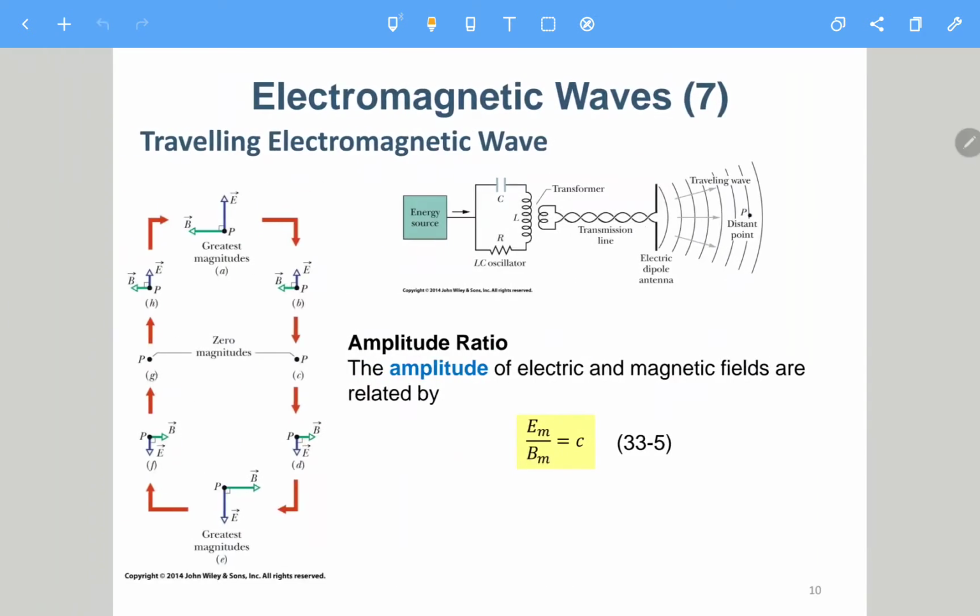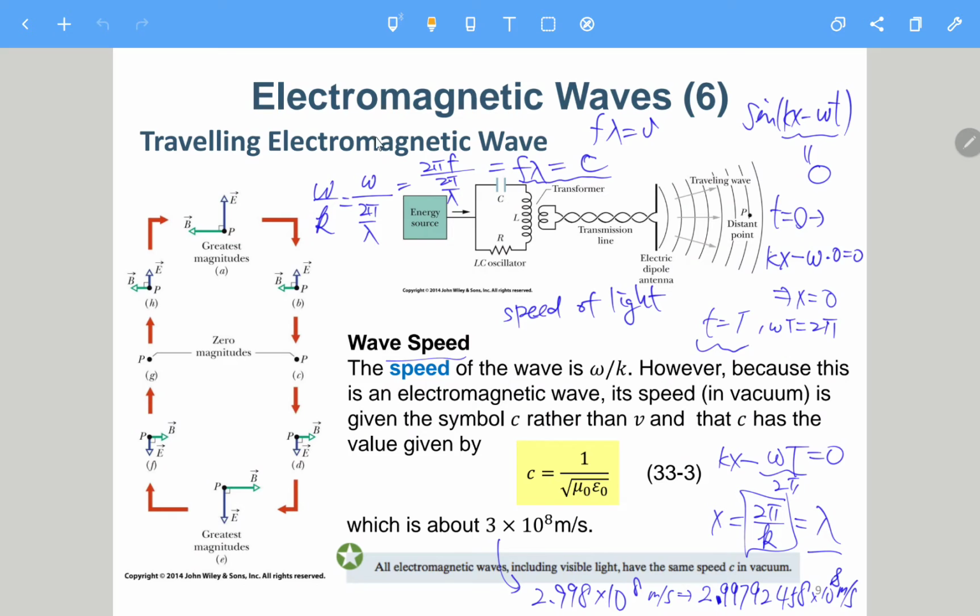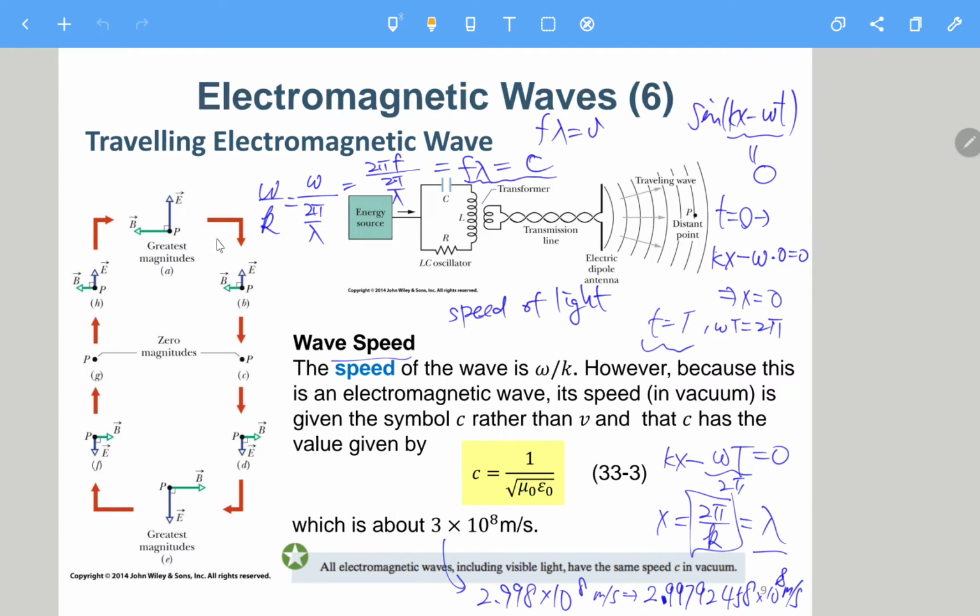Just now we know that E and B are perpendicular to each other. Actually here the direction of the wave is also perpendicular to E and B. And we know E is actually a sine wave. It is like a vector. We can write its expression. B field, we can also write its expression like this.